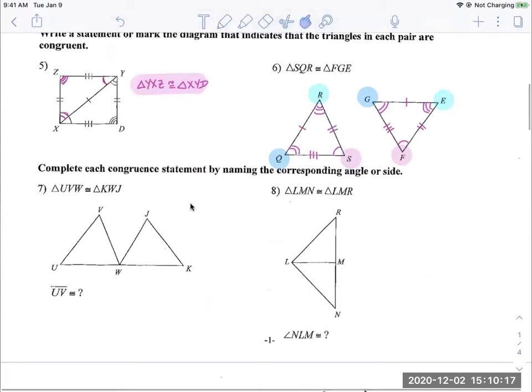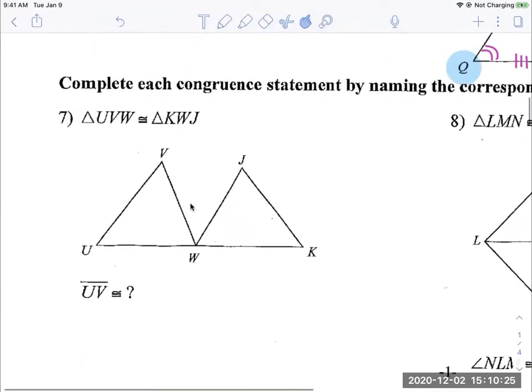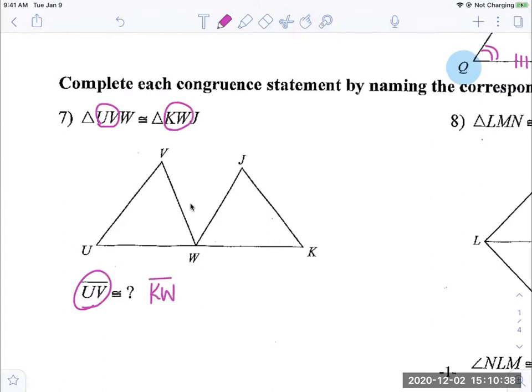Okay, complete each congruent statement by naming the corresponding angle or side. So triangle UVW is congruent to KWJ. So UV is right here, should match with KW. Now let's mark that and make sure that makes sense. U and K, V and W. So from single to double is UV, from single to W is KW.